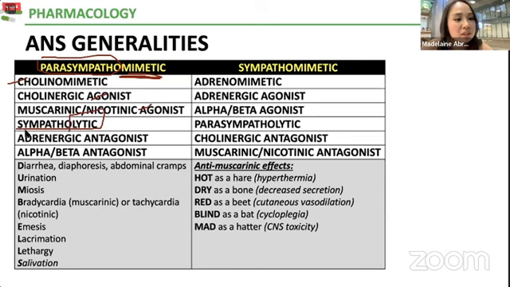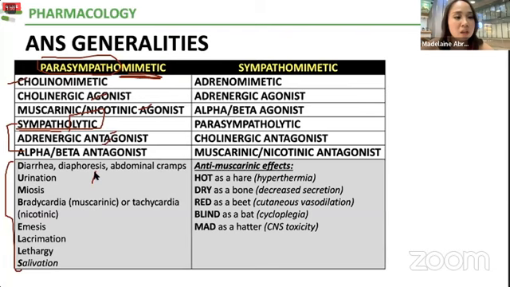Then adrenergic alpha. Then ang mnemonic ng parasympathomimetic ay dumbbells. Okay, so ito memorize nyo na lang to from your handouts.